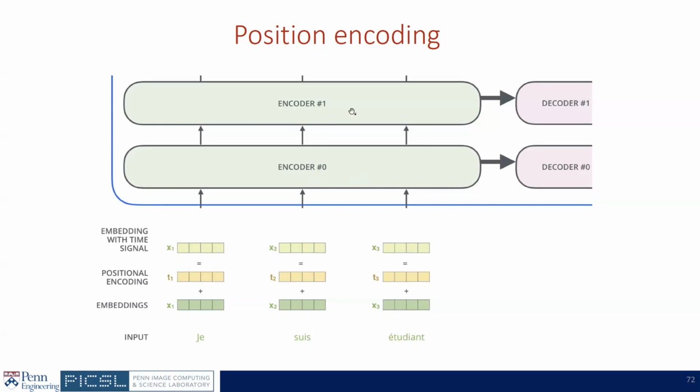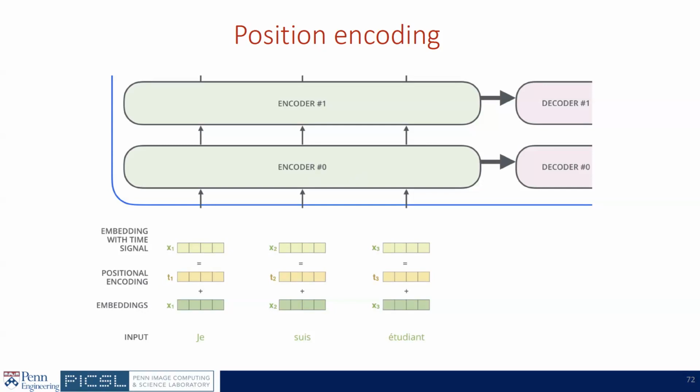There are many different ways of thinking about position encoding. Can someone try to come up with what kind of information I can give which encodes the position of the different words? Anyone?